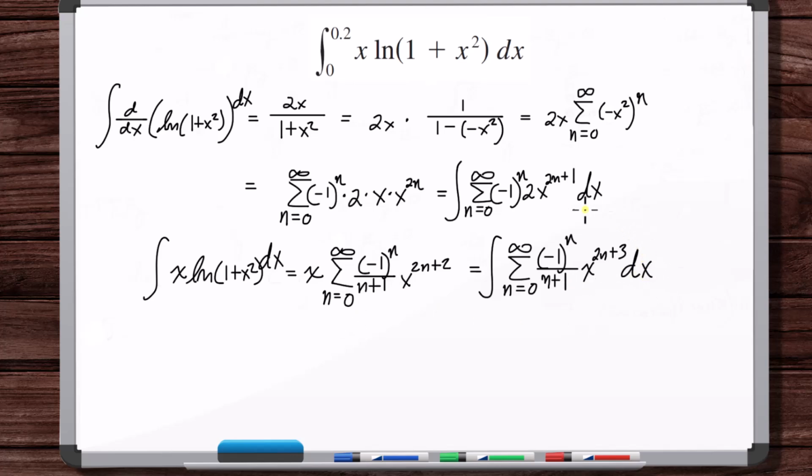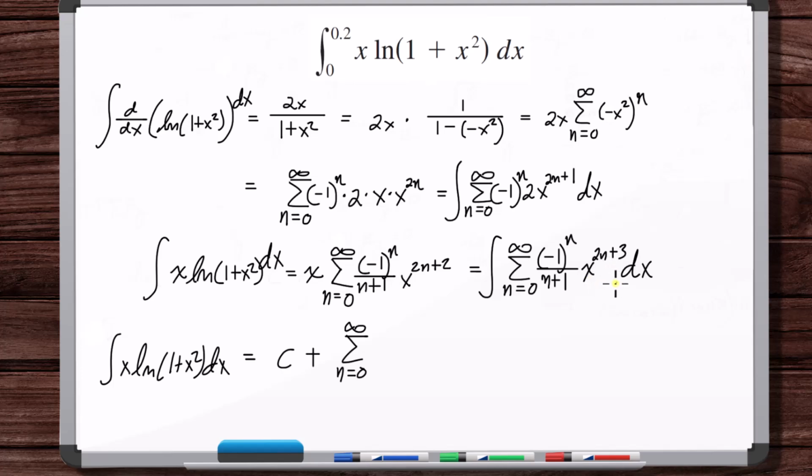And so we get, let's see. So, okay, c plus, and then we've got the sum from n equal to 0 to infinity of, so x to the 2n plus 3 plus 1, that's 2n plus 4.